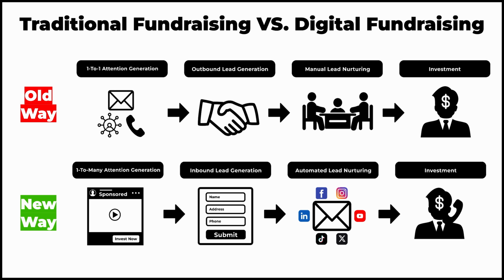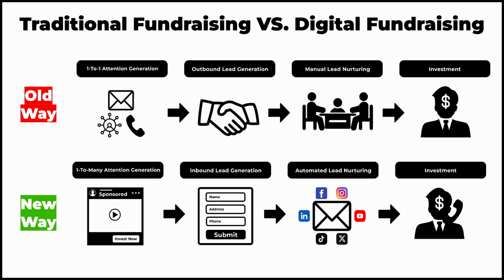Then in the next step, you'll be able to nurture your prospective investor leads in a one-to-many format, once again through social media and email automations with high-quality educational content that they can watch on their own time at any time to build a connection, educate, and nurture your leads in a super high-leverage format where you create that content once and it can be watched by an infinite number of people at one time and continually provide value and educate your leads forever while it stays up, published on the internet.